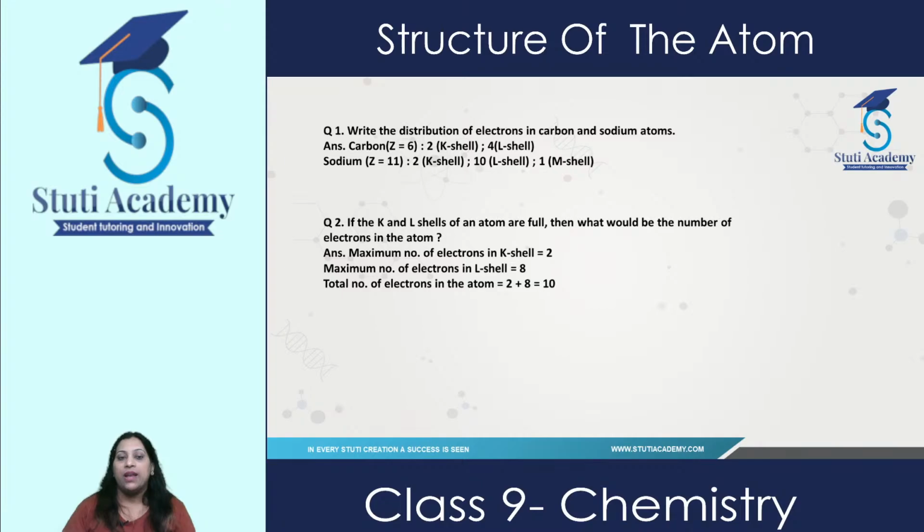Now, a question can come in the exam: write the distribution of electrons in carbon and sodium atom. Distribution of electrons means you need to write their electronic configuration. So how will you write? Z is the atomic number.